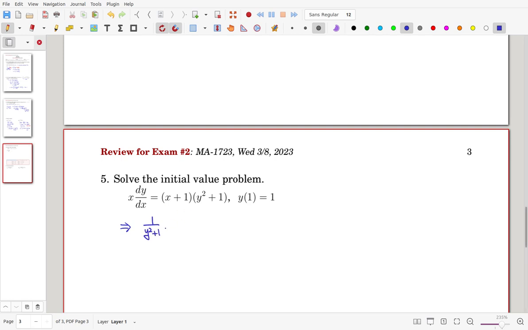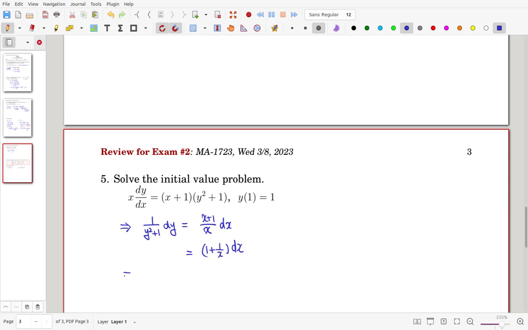On the right side, x goes to the denominator, so x plus 1 over x times dx. It can be written this way: 1 plus 1 over x, dx.